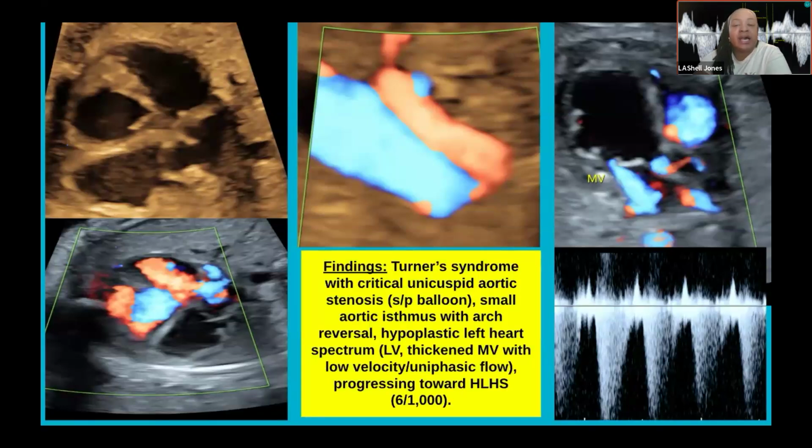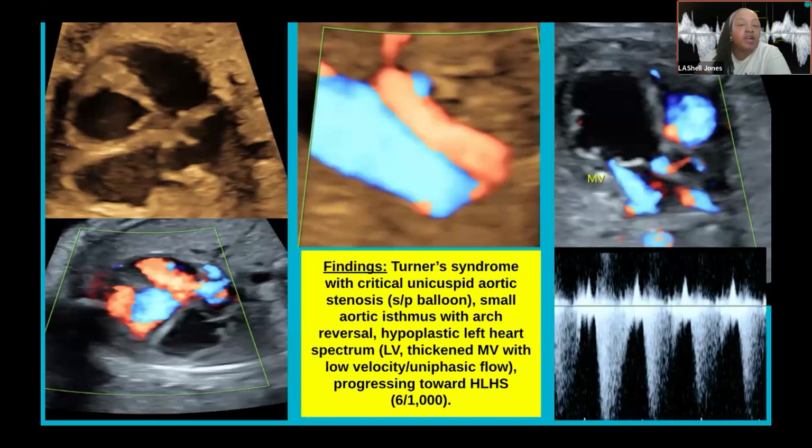Status post balloon, it had a small aortic isthmus with arch reversal, hypoplastic left heart spectrum, a thickened left ventricle, and mitral valve low velocity uniphasic flow. These most likely may progress toward hypoplastic left heart syndrome, about 6 in 1,000, a potential risk.